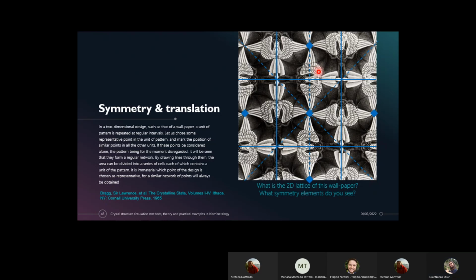Okay. So if we consider, for example, these 4 points here that are the points where we can see the rotation axis, we could try to draw a first unit cell that by translation creates our structure. Okay. But could you see the smallest possible object in this cell that may create our structure by symmetry elements?